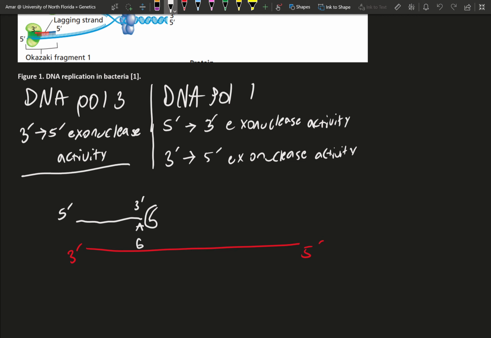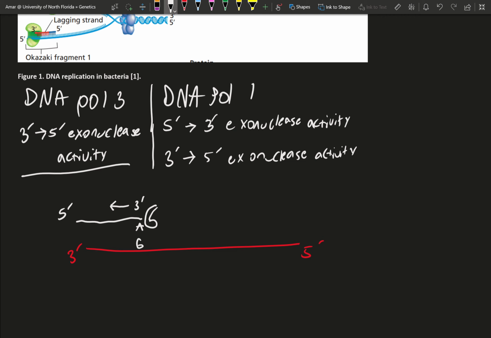So you would remove the nucleotide from 3 to 5', and that's why it's called a 3' to 5' exonuclease activity, because essentially the DNA polymerase is in front of the hydroxyl group on the 3' end, and if it senses that there is an incorrect base pair attached in the newly synthesized strand, it's going to remove it all the way through the 5' end. Okay? So basically that's all 3' to 5' is.